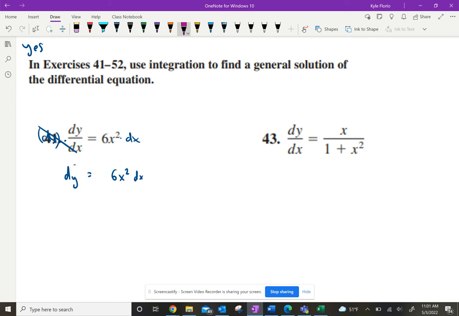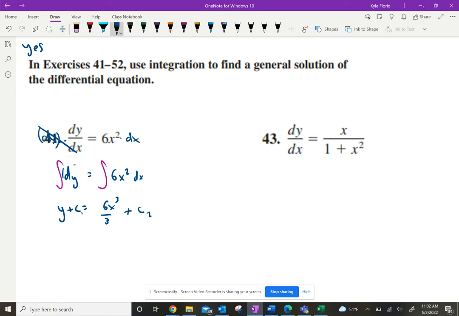And then what I can do to both sides to solve for y is to undo the derivative of y, just integrate both sides. The antiderivative of dy is just going to be y. You can think of it as the antiderivative of 1 is 1y. And the antiderivative of 6x squared dx, that's going to be 6x to the third over 3. Now, I could have put a plus c on both sides, but I can just subtract c1 and c2.